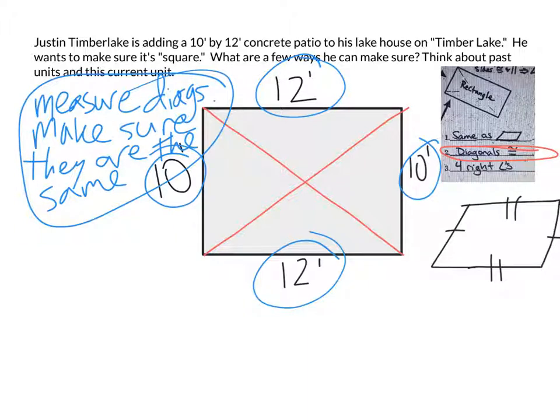So I have to verify first that it's at least a parallelogram, which is why I measured my opposite sides to be 10 and 10, 12 and 12. Now, when it has congruent diagonals, that makes it a rectangle. If I just measure my diagonals, it could be an isosceles trapezoid. So we do have to have a couple pieces to that puzzle there.